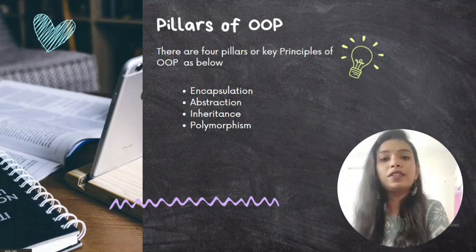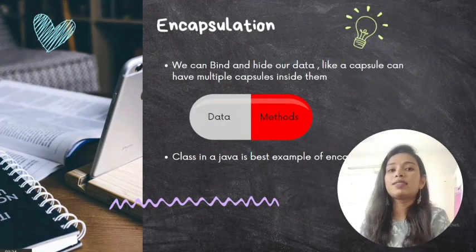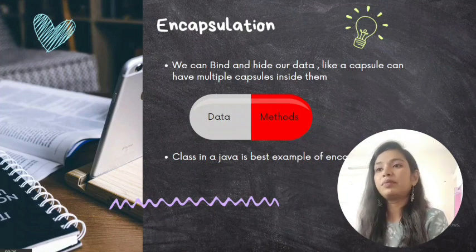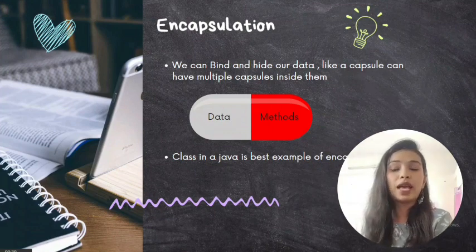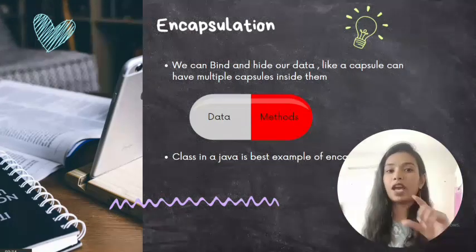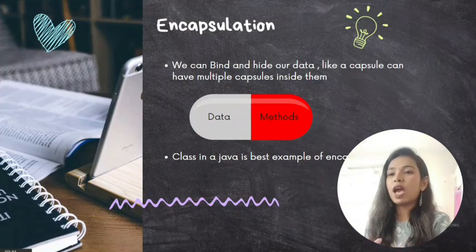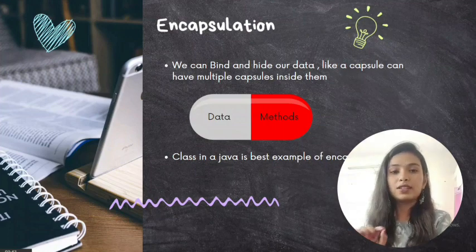For today, we will see what is encapsulation. As I have already mentioned, we can bind and hide our data, like a capsule. If you have ever seen a capsule, you have one capsule and inside it there are small pills.